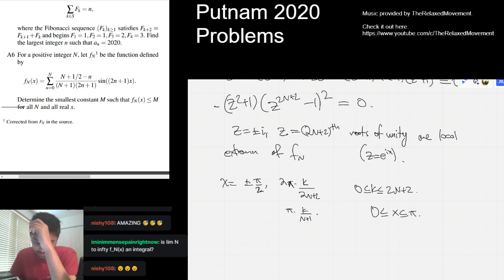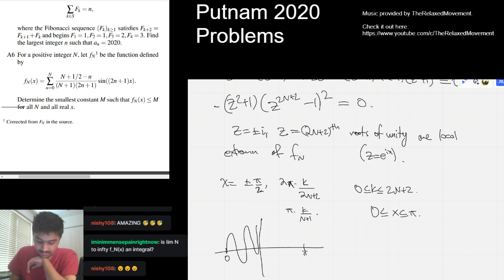Like, we know now the function... This is 0, this is pi over 2. The function looks something like... I don't know, this drawing is terrible, but the function looks like that, something.